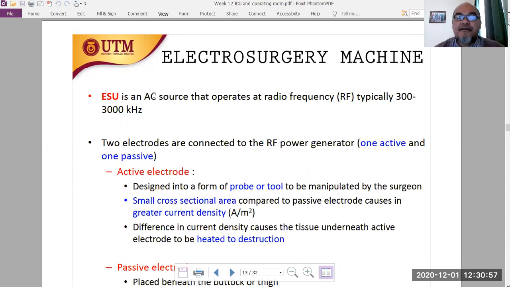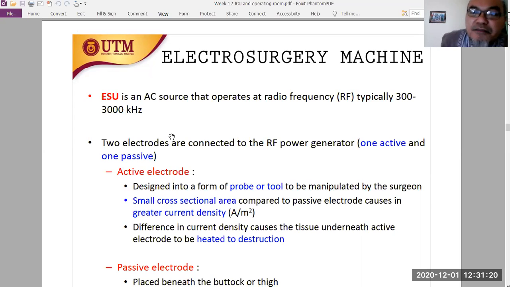ESU, the electrosurgical unit, is an AC source that operates at radio frequency, typically 300 to 3000 kilohertz, and it is still expensive. So if you can make a low-cost portable ESU, that will be very useful, because until now, even complex surgery can only be done in big hospitals, in big cities in Indonesia, for example.